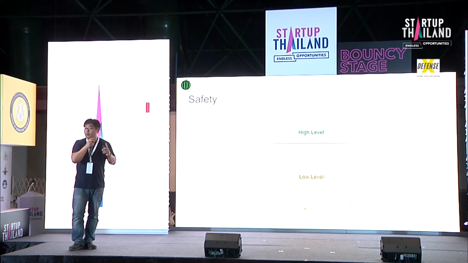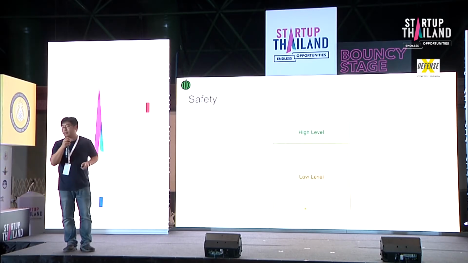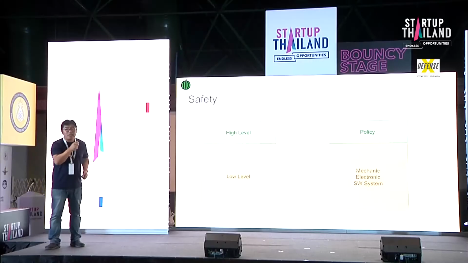I think you are developers interested in the low level, but almost all of you are just users, pilots, executors or military, so I will focus on the high level. The high level is policy: when something unsafe happens to a drone, what should the drone do for recovery or safety. The low level is related to mechanics, electronics and the software system.